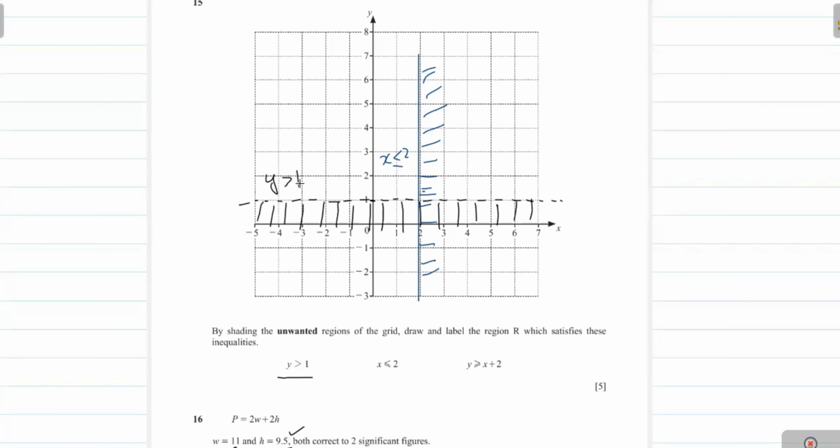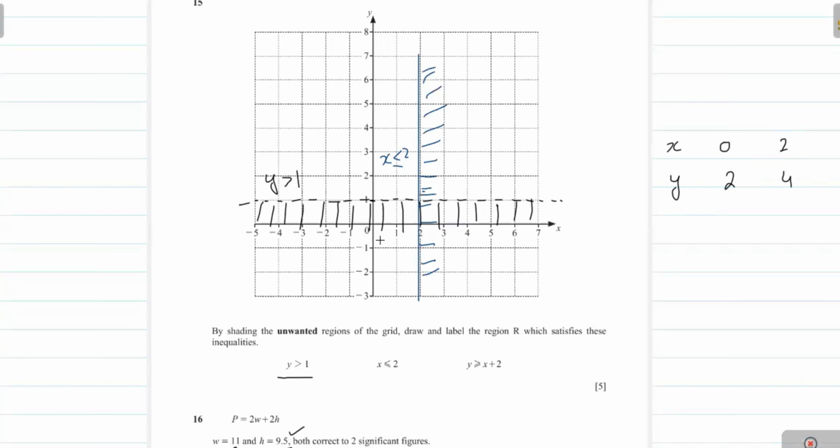Next is y is greater than or equal to x plus 2. Firstly, we take some values of x. Suppose x equal to 0 and x equal to 2. Then the value of y will be 0 plus 2, which is 2, and 2 plus 2 is 4. We mark 2 points here.